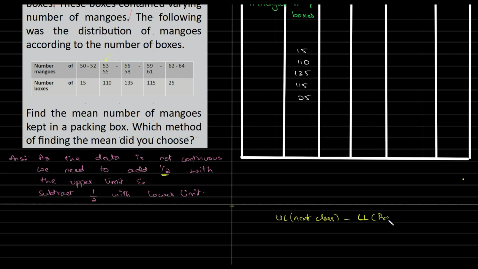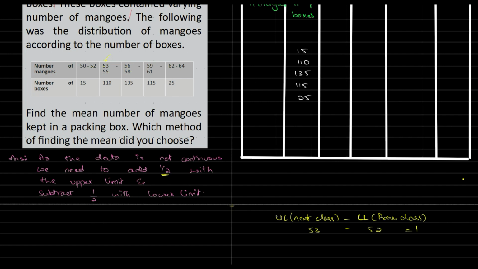So 53 minus 52, which is 1. Divide that by 2. Okay, that's how you get the value of half.